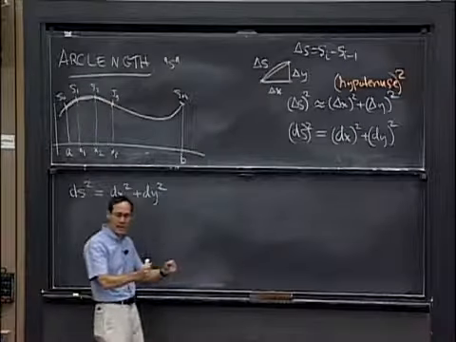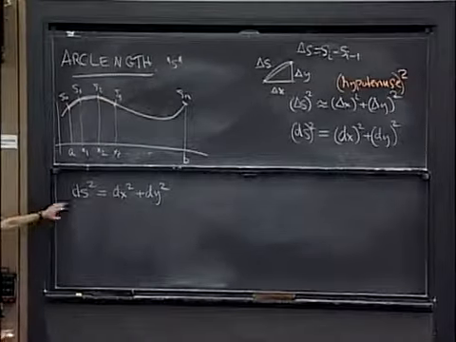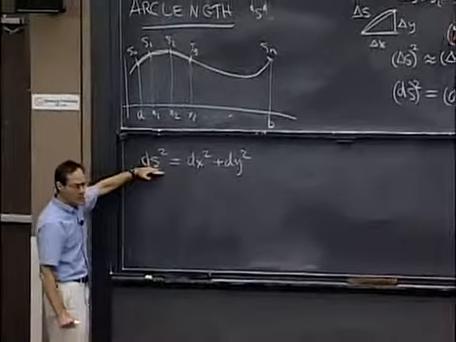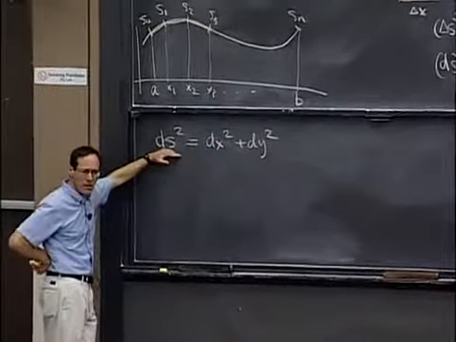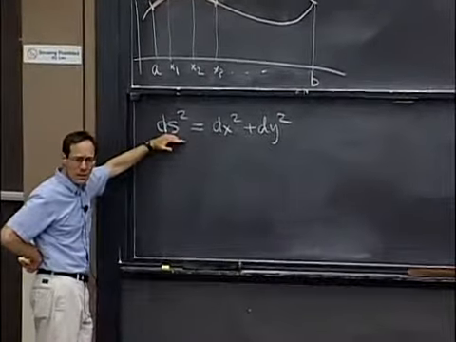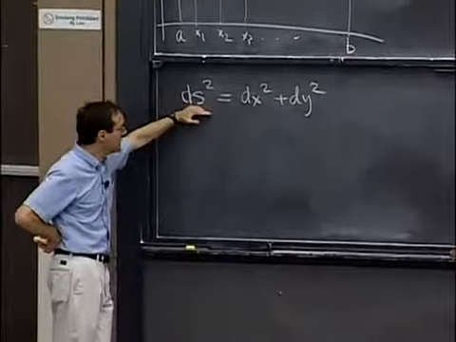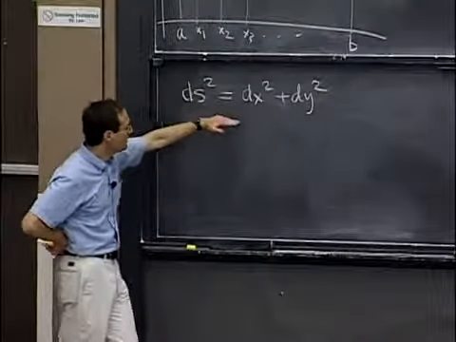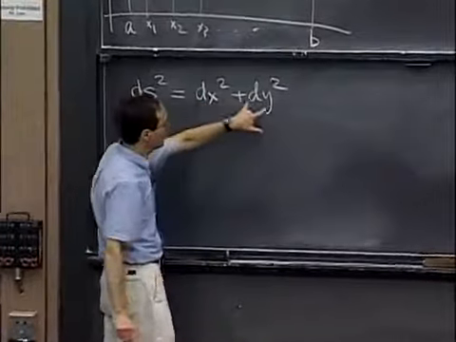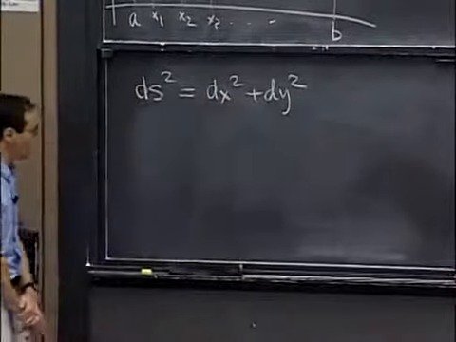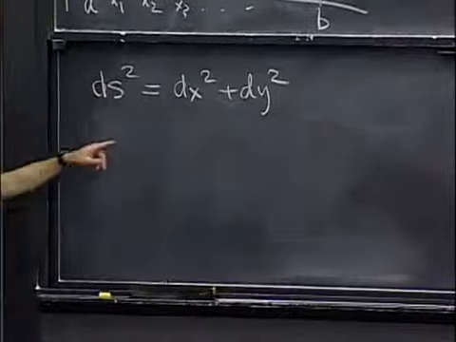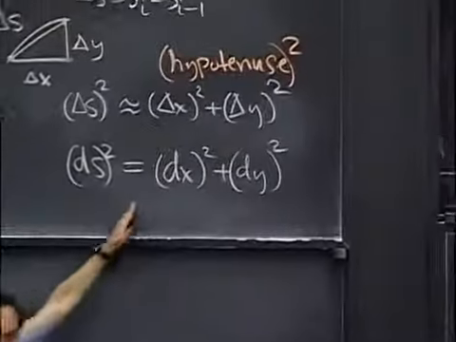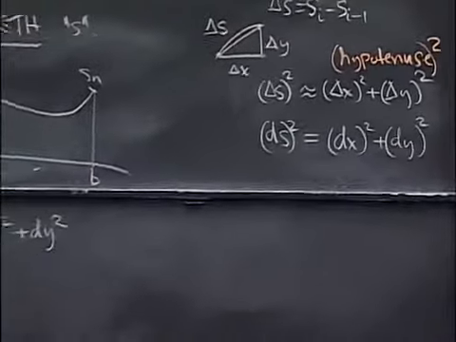It's not d times s. It's ds. And we square it. But for whatever reason, people have gotten into the habit of omitting the parentheses. So you're just going to have to live with that and realize that this is not d of s squared or anything like that. And similarly, this is a single number, and this is a single number, or infinitesimal. So that's just the way that this idea gets written in our notation.